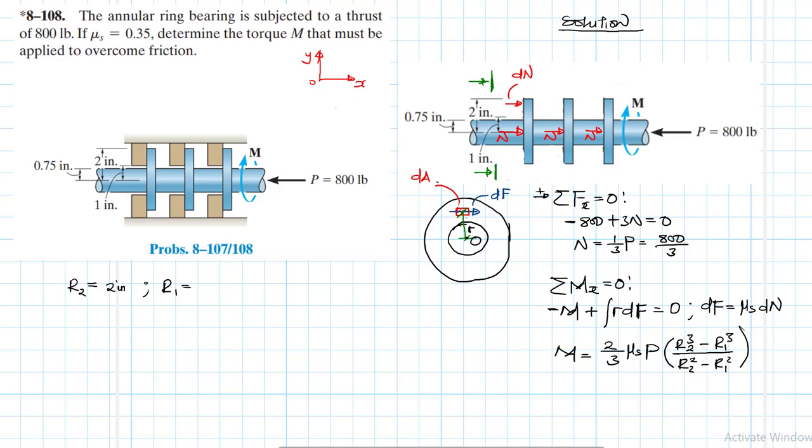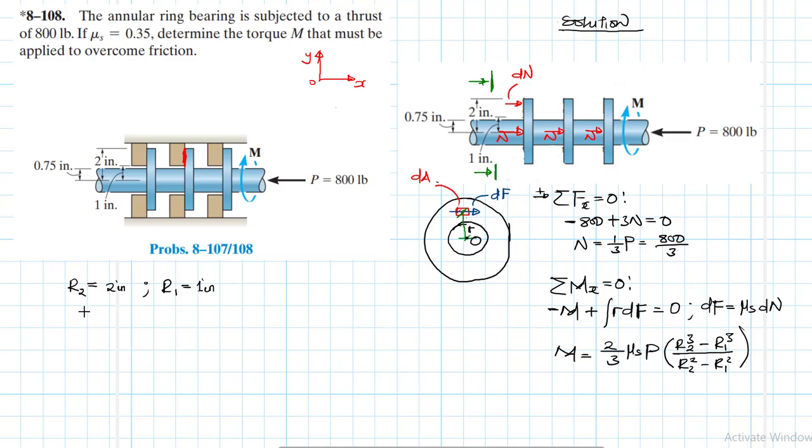Mind you, we are just interested in this area here, from there to there. This is the area where the ring itself, the bearing, is in contact with this member here. We're just interested in this part where I'm drawing in red. So R1 is therefore equal to 1 inch.